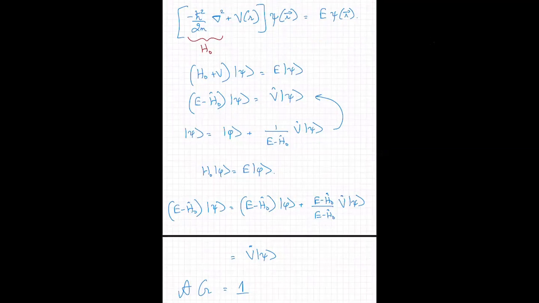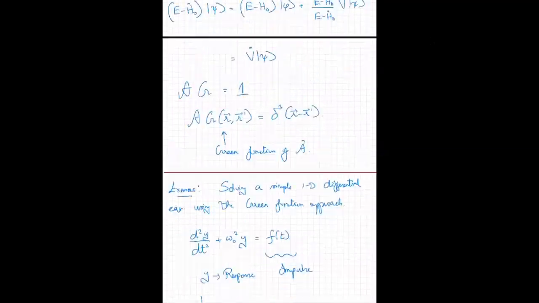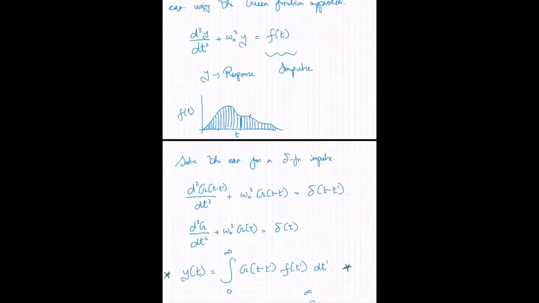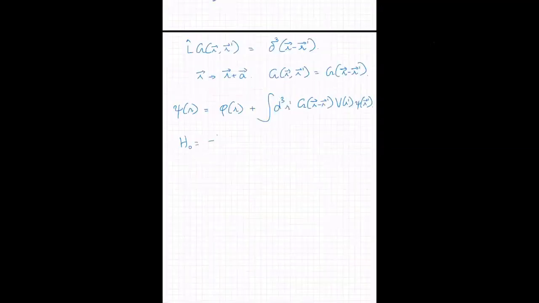The phi vector is the solution of the free Hamiltonian H0. In this case, then what is the solution of the free Hamiltonian? H0 is, of course, minus h bar squared over 2m del squared, right? So phi is anything that satisfies the eigenvalue equation of the free Hamiltonian.